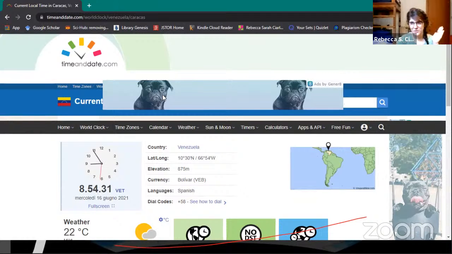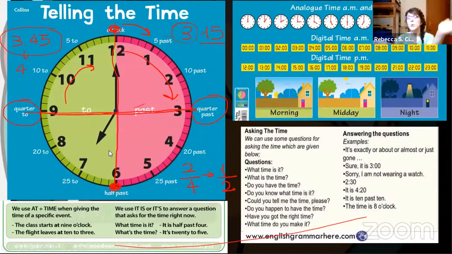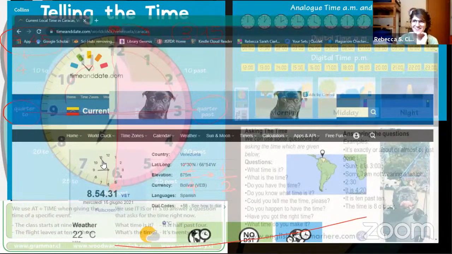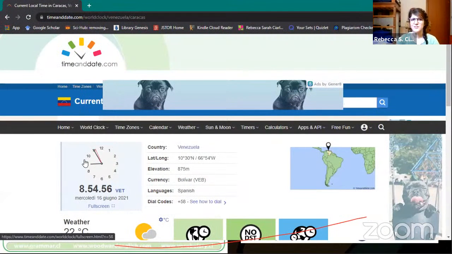Let me show you. So instead of saying, you use past for the first half and you use to in the second, right? So where is the long hand in this case, in the first or in the second half?